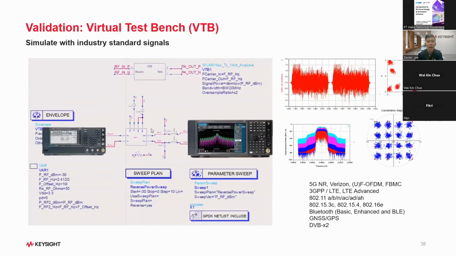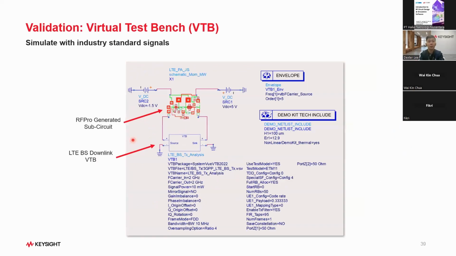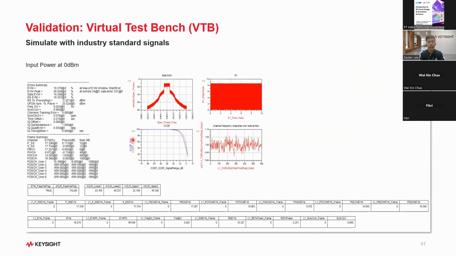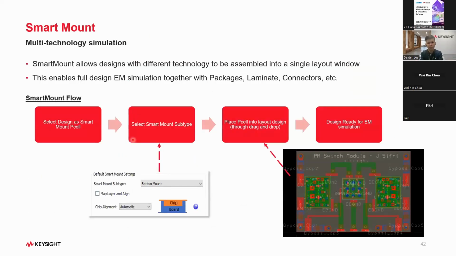So I just wanted to highlight again, for the virtual test bench, I might have gone a little bit fast, but what we are doing on virtual test bench is basically having a virtual signal generator that is producing the LTE signal and having a virtual signal analyzer for you to analyze this kind of spectrum here. So that is the purpose of virtual test bench. And then we simulate it with the RF Pro EM simulation results, if you remember. Okay, so the slides will cover some of the things that we've discussed.